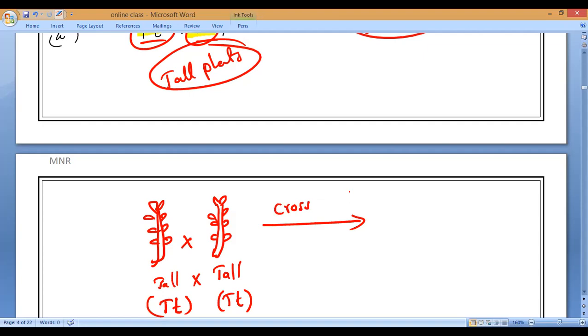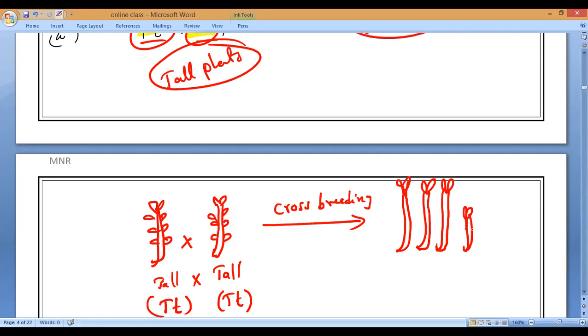he noticed that all the plants produced are not the same again. He noticed that three tall plants are produced and one dwarf plant is produced. So the characteristic trait which disappeared in the F1 generation, which did not show up, is again reappearing in this crossing.